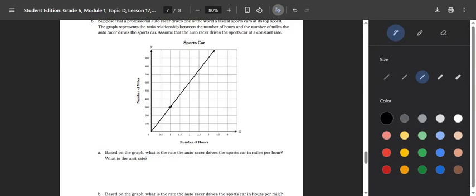So there's one point. All right, and then at 2 and 600 is another point that goes through both axes. And then 3 and 900 is one more point.